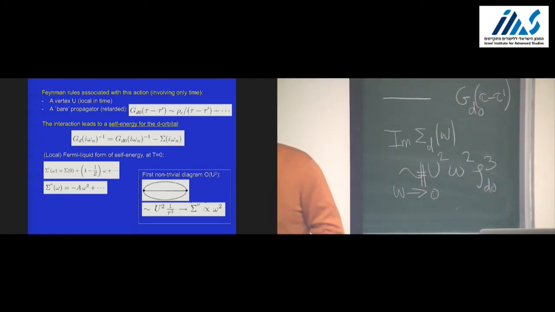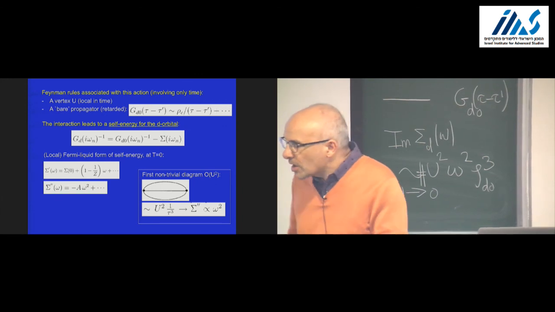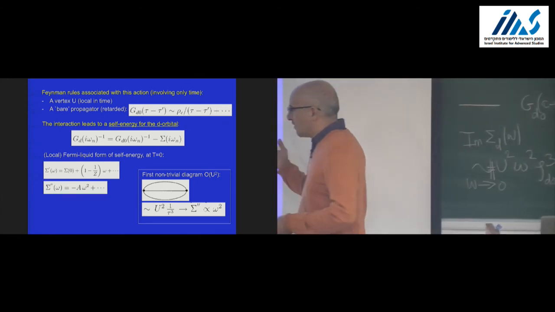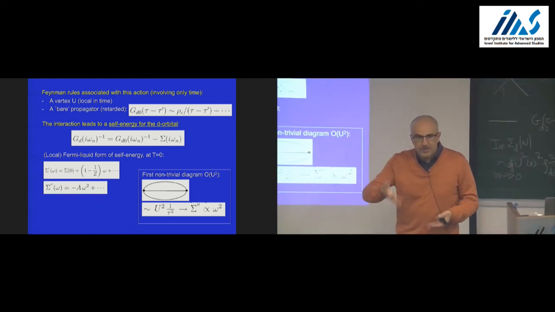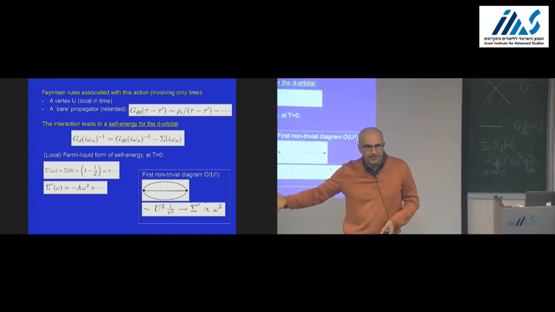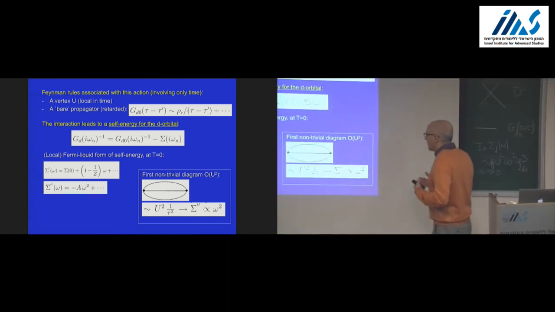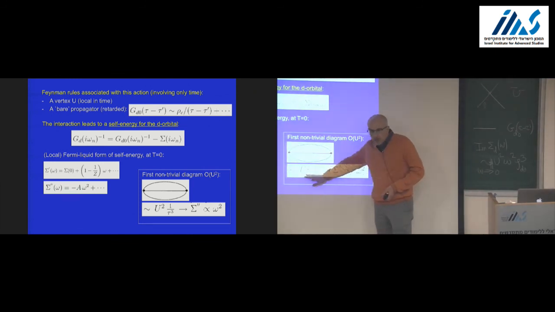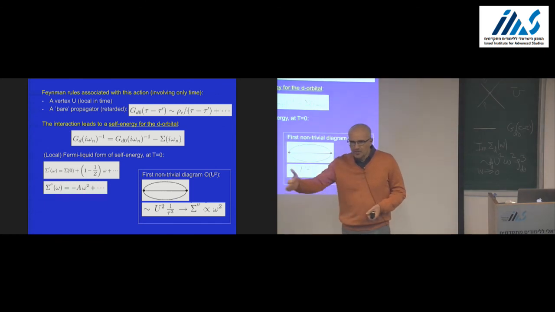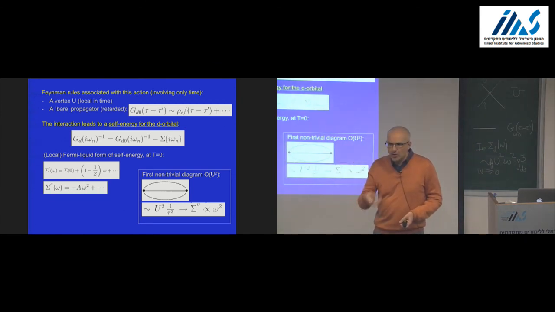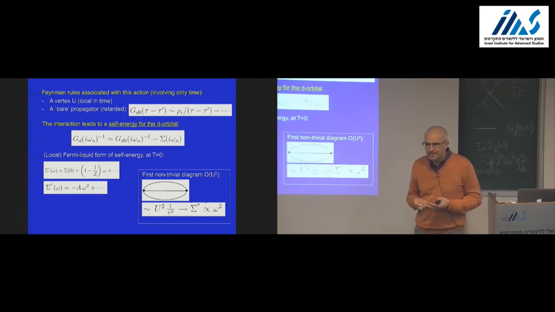So what is this? This is Fermi liquid theory, right? This is a local, very simple version of Fermi liquid theory, and I've shown this to you to lowest order, but this persists to all other orders in perturbation theory. So here you've seen that the only thing that the interactions are doing from this perspective is to build up a self-energy which will have a real part which is able to shift the position of my pole in the Green's function, and an imaginary part which will be at most of order omega squared at low frequency, right?